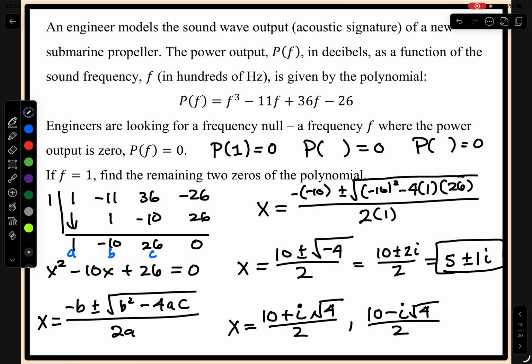You don't have to actually get the value of this. At minimum, you have to get rid of the negative inside the square root by putting an i on the outside. And it doesn't matter whether you put it in the front or the back, it just has to be on the outside. But there are your other two values.